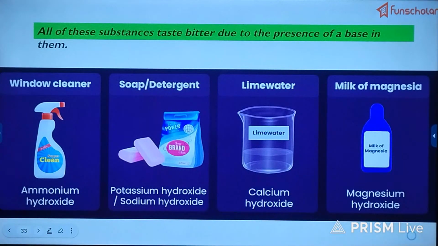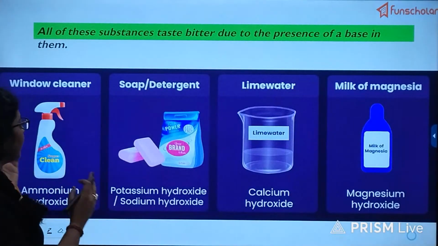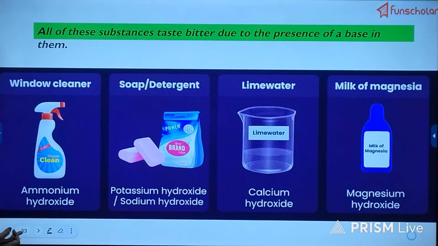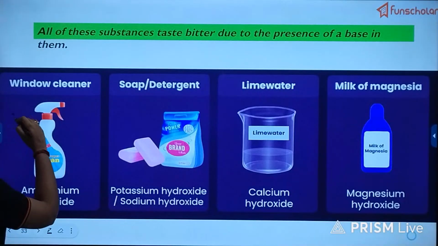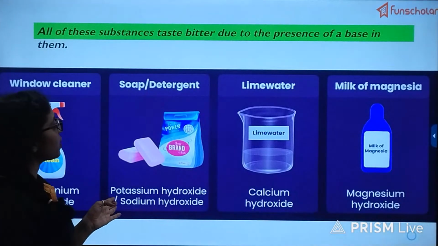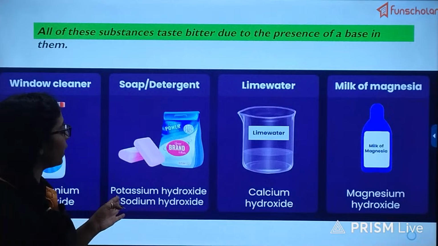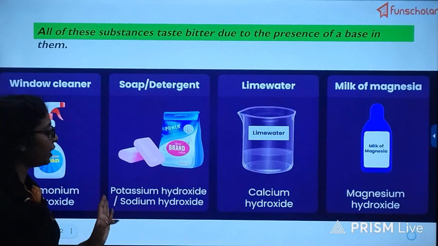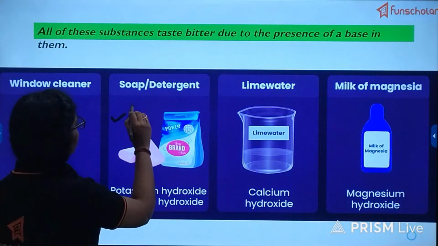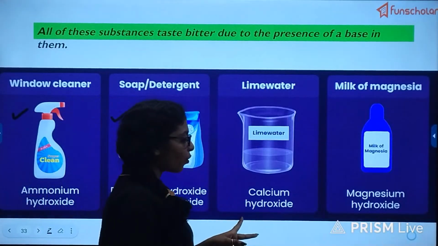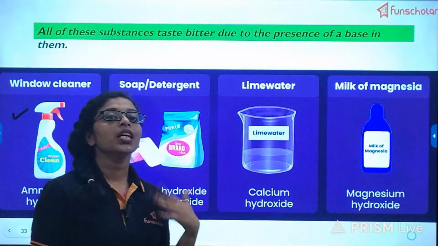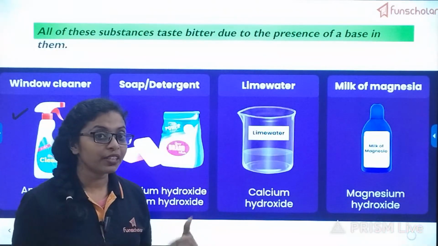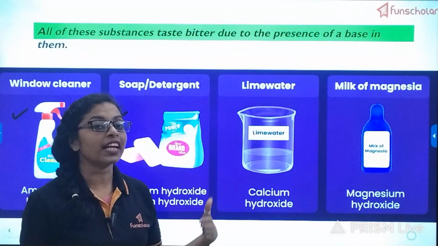We have already got to know about this, and let's watch how we are using ammonium hydroxide in the window cleaner. And then here comes the soap or the detergents, which are made up of potassium hydroxide or sodium hydroxide. And then there is lime water, which we have already used in different chemistry experiments.